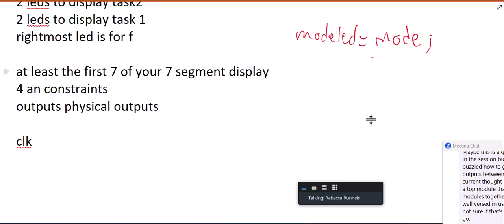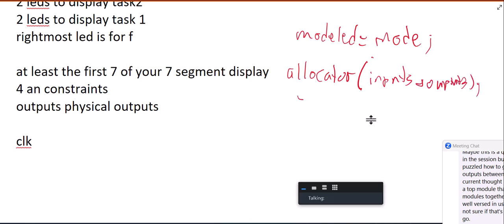And then you also are going to instantiate each of your other modules. So you are going to have the allocator, and then your list of inputs and outputs. And you'll have station 0 with its inputs and outputs.